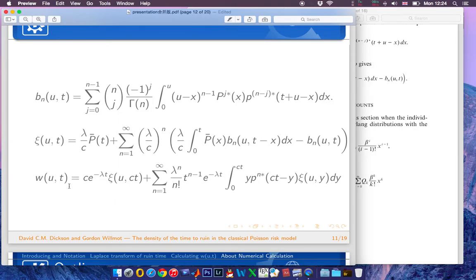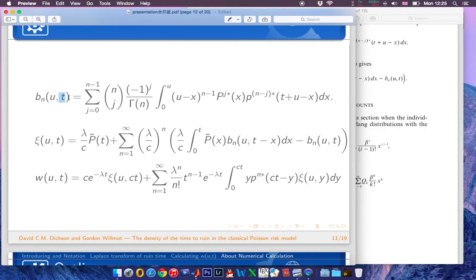If you take a look, when we calculate the finite time ruin probability up to time horizon, let's say capital T, the largest u you need is u c times capital T. Then you have c times capital T here, and definitely the Bn part is u c times capital T. In order to calculate the Bn part for u c times capital T, you just put c times capital T here.